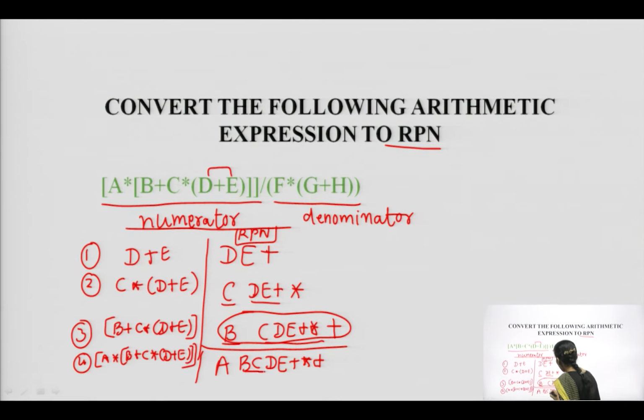This is now my second operand, and I have to perform the cross operation. Here I have solved the numerator part.